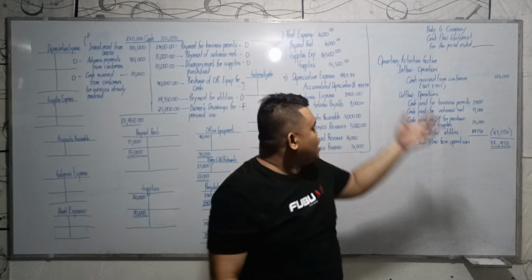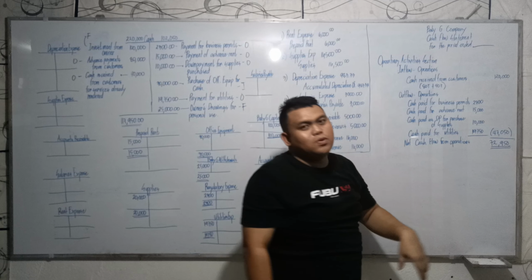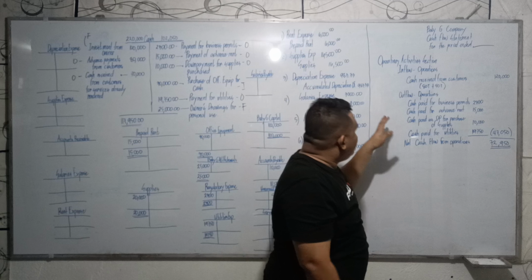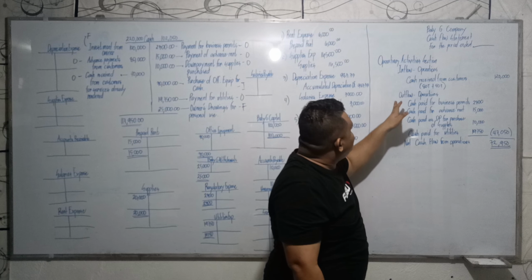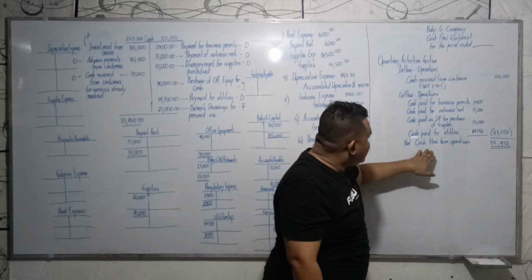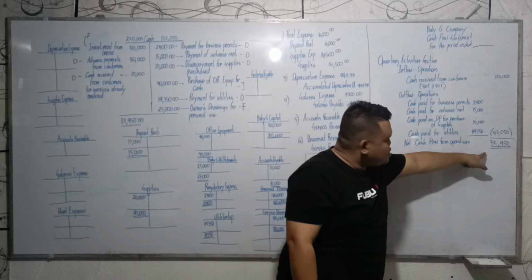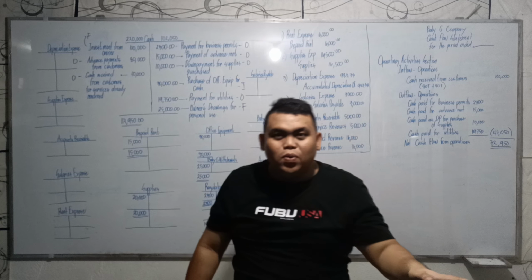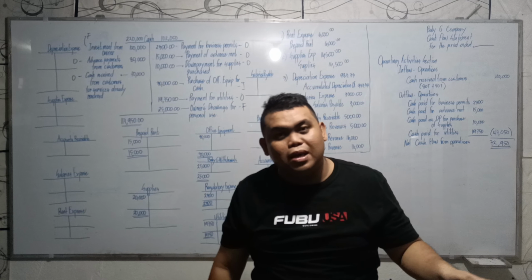Okay? Because under the cash flow from operations, if we're going to assume that particular example, it might be that your cash flow from operating activities will result to net cash flow from operation that is negative. Because again, you have a revenue, but your customers are not paying, something like that.